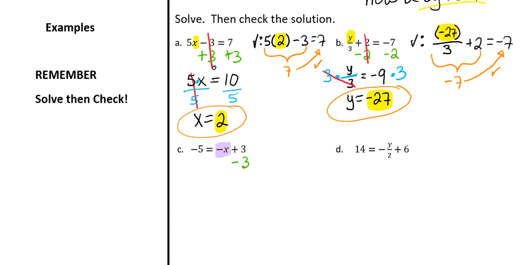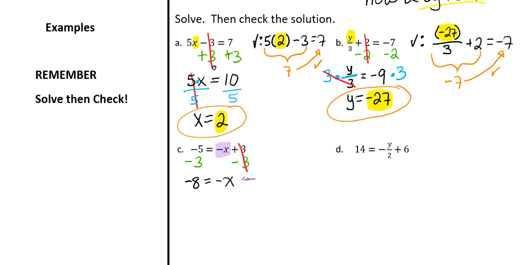So what we should have done first is subtracted our 3 from both sides. And so we have negative 8 equals negative x.